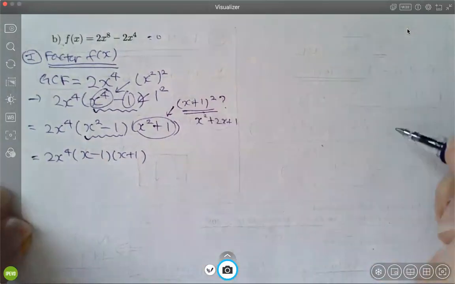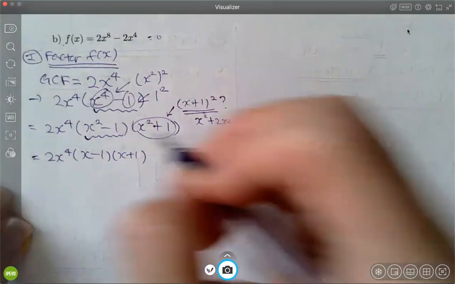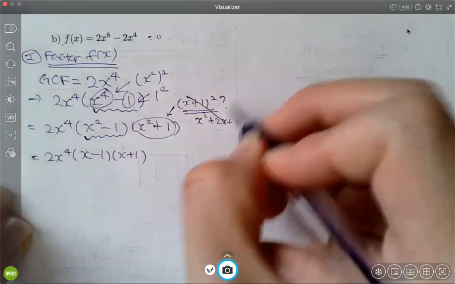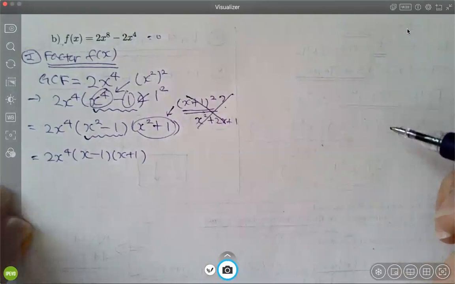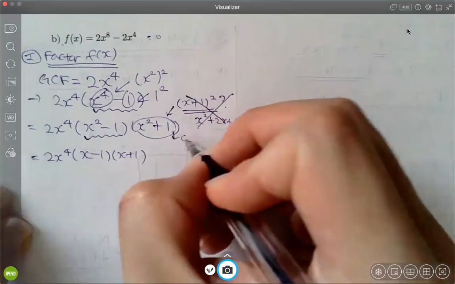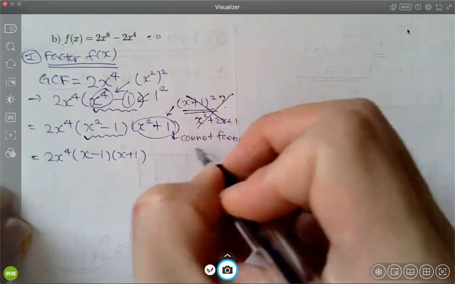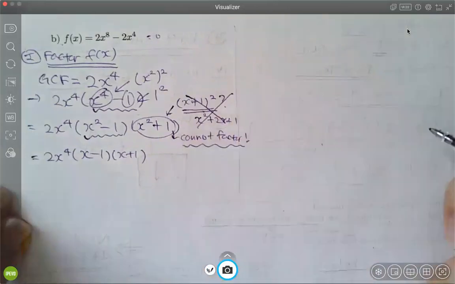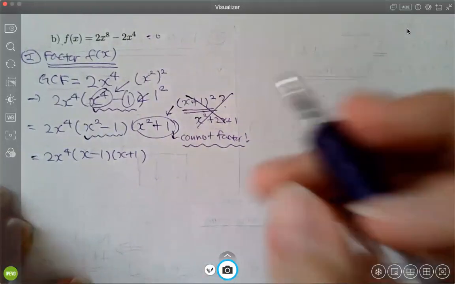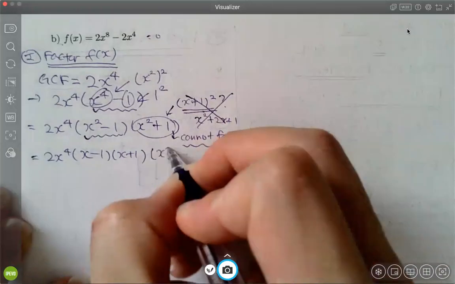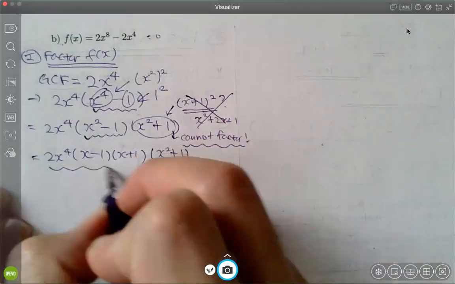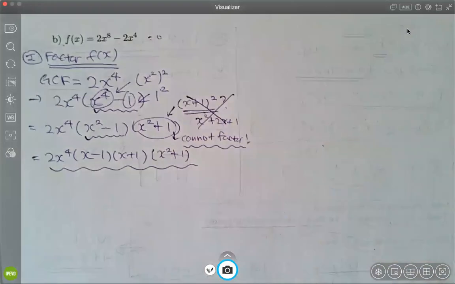Okay, so it's not equal to x squared plus 1. So it's not equal to x plus 1 squared. So what does that mean? You cannot factor it. People try to factor this, and all of them are not successful because they can't. So x squared plus 1 stays the same. Okay, so that is the complete factorization.